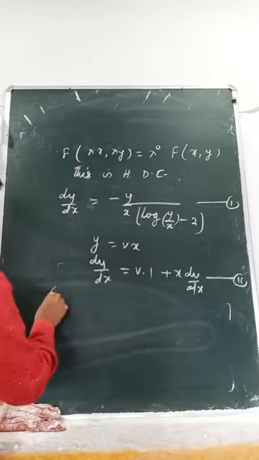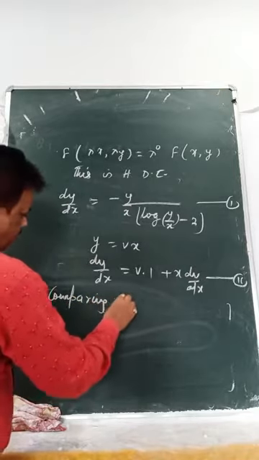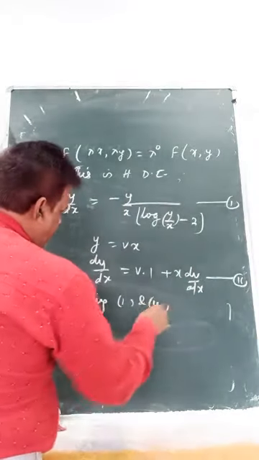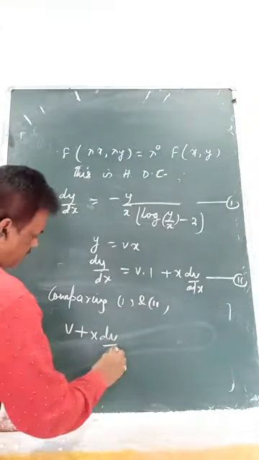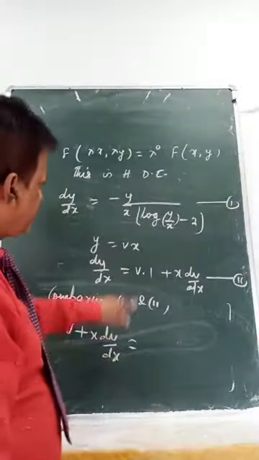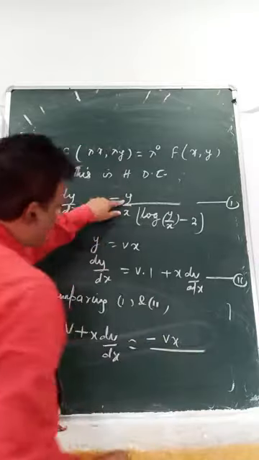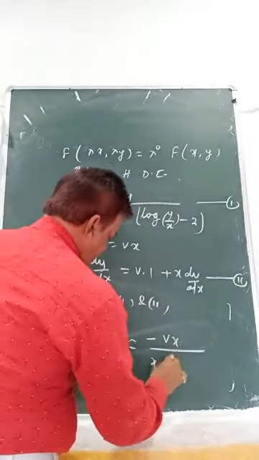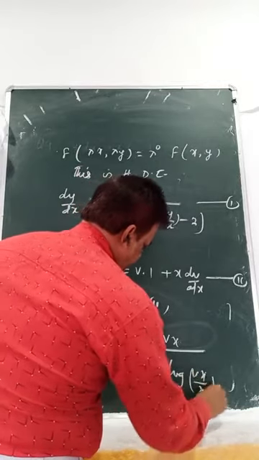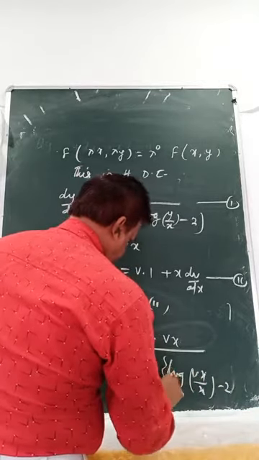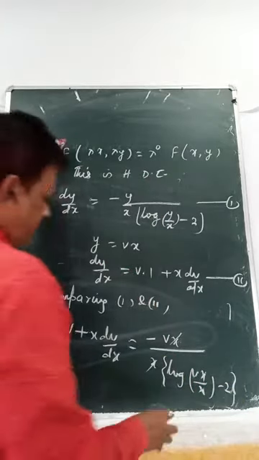Comparing 1 and 2, you are finding v plus x dv by dx. Directly you try to write y equals vx, so minus vx by x, log (vx by x) minus 2. X cancels.